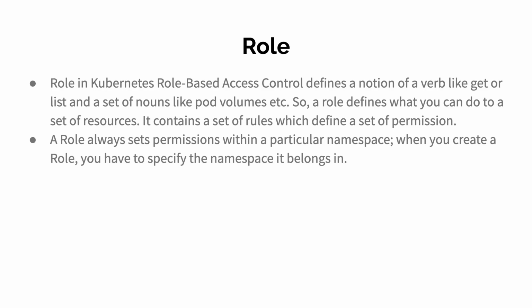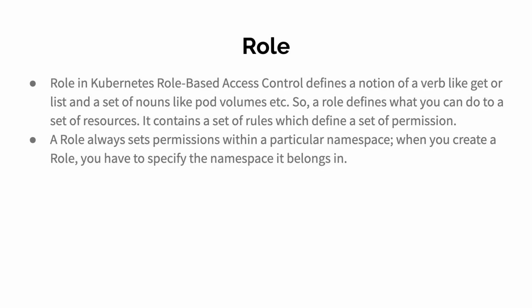It's always associated with a namespace. So if you want to allow some identity, it can be a group, user or a service account, to only access some part of a particular namespace, then you can use a role.